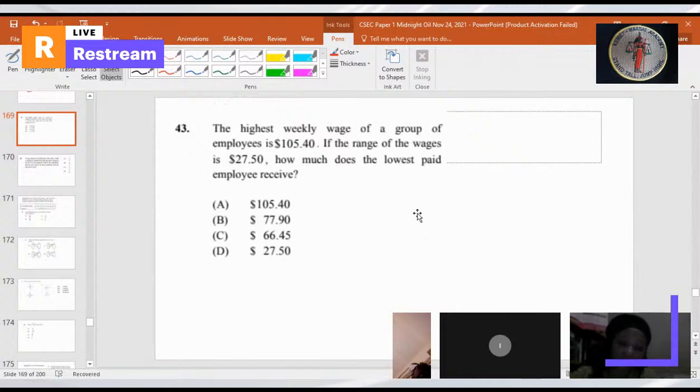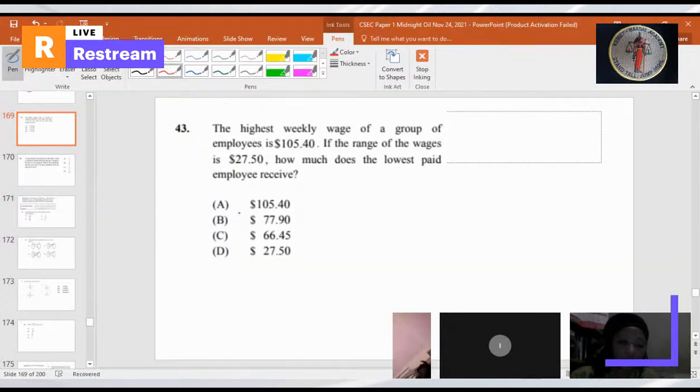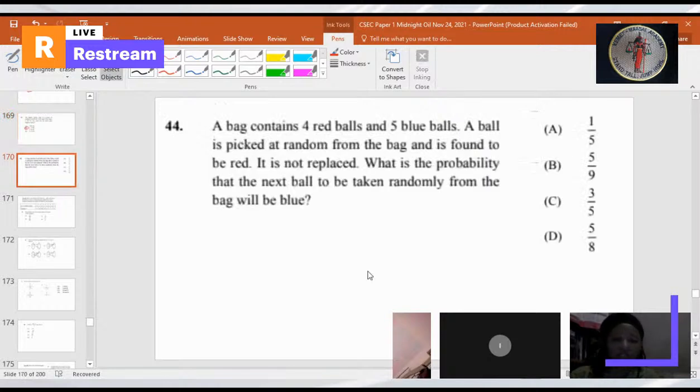So we really have to do the same thing. Subtract the range from the highest to get the lowest. So do that and tell me what you get. I got $77.90. Okay. That will be B. All right. Number 44.